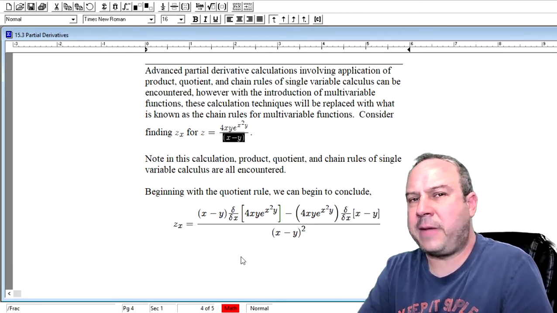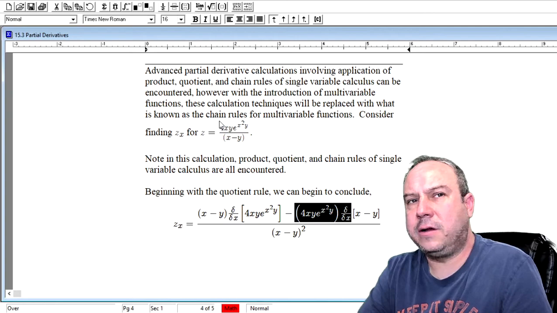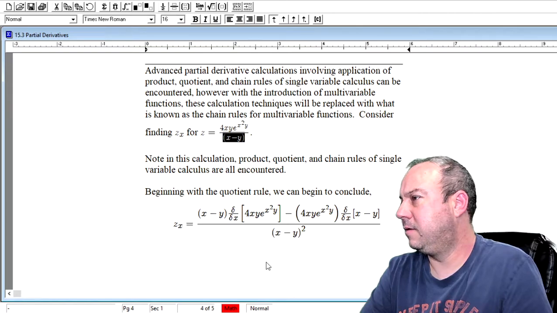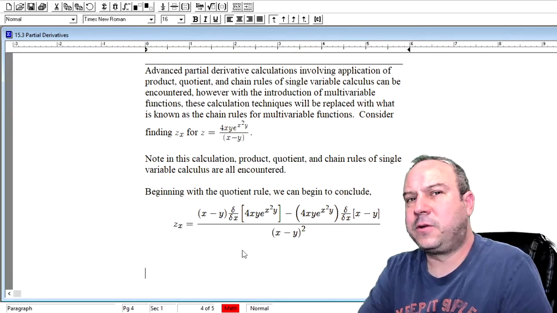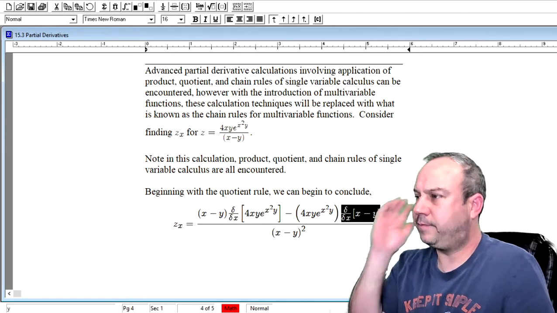Everything is over your denominator squared, where in your numerator, you have your denominator times the derivative of your numerator, minus your numerator times the derivative of your denominator. Right? So now what we really have to do is simplify these two derivatives.